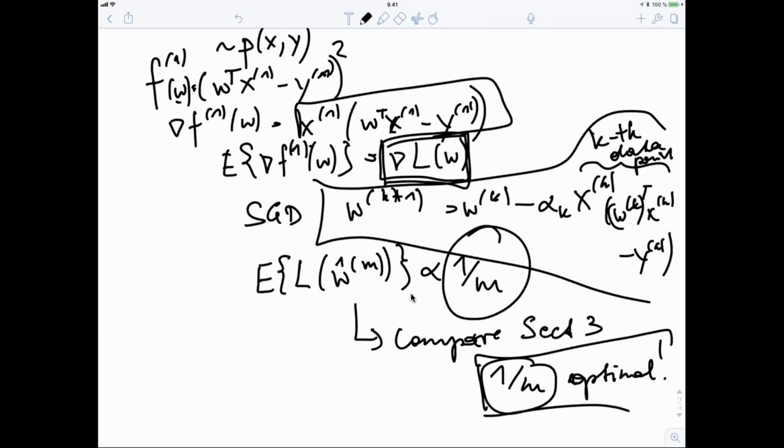Basic stochastic gradient descent achieves the optimum dependency on the number of data points that you have in your training set in terms of the risk that you obtain from the hypothesis for this weight vector. And this is quite remarkable. So this basic stochastic gradient descent is in certain settings optimal.